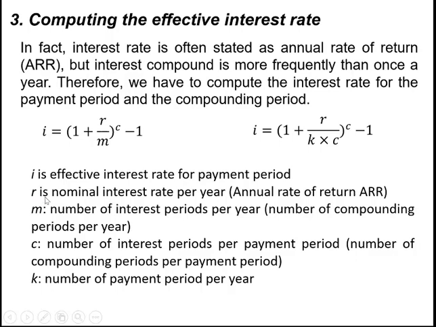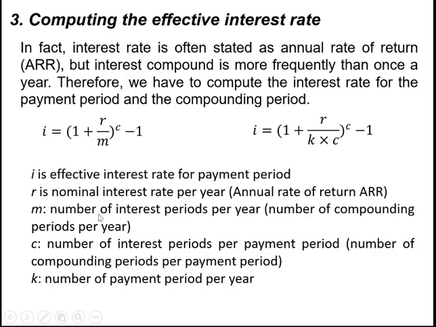Small r is the nominal interest rate per year, or annual rate of return, because in fact they usually state the interest rate per year.